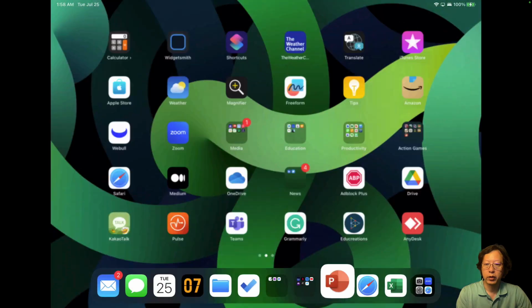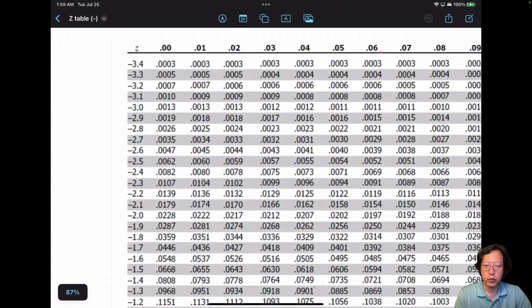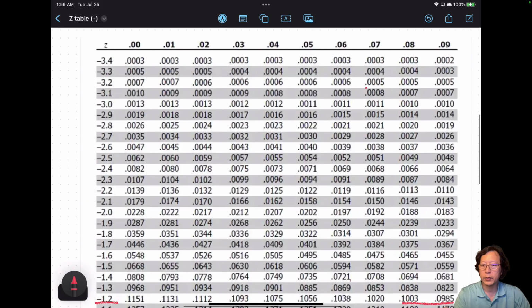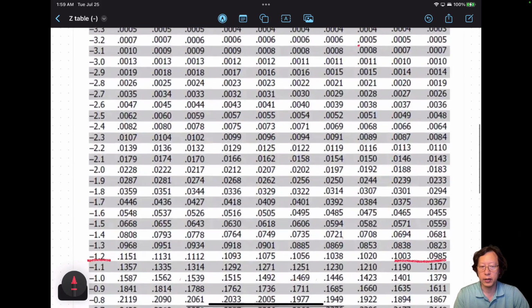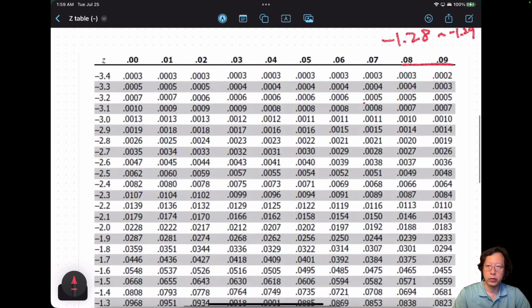So if you look at the z table, probability 0.1 is in between here: minus 1.28 and minus 1.29.